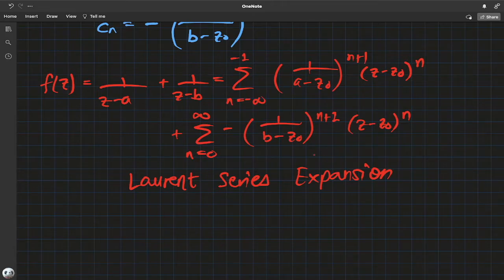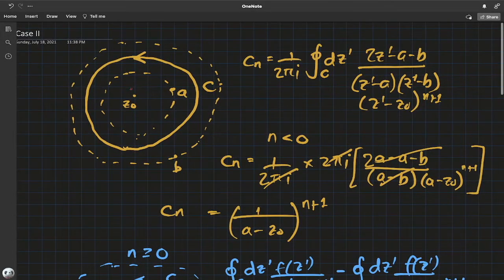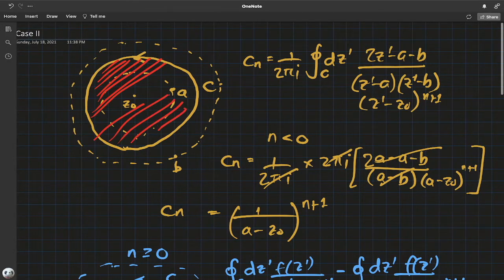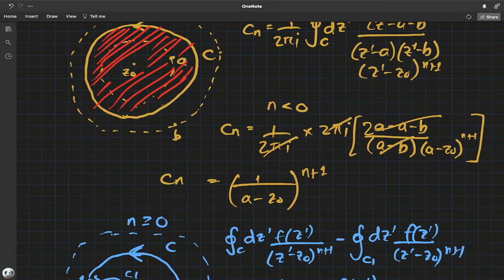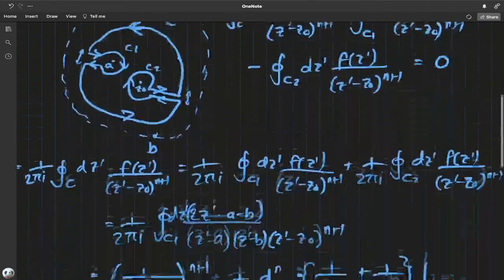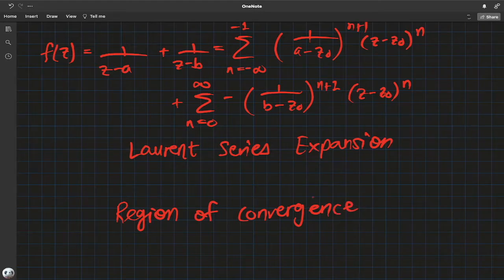But now when we are enclosing singularities in our contour, we are concerned with what's inside, and we are utilizing the idea of Laurent series by obtaining negative power terms and coefficients for those negative power terms. Now let's talk about the region of convergence like we did for case 1. Again, this is an important discussion because that enables us to know when to use what going forward.